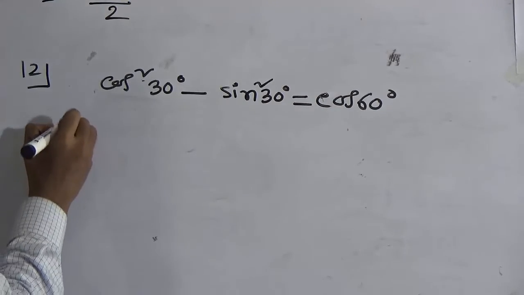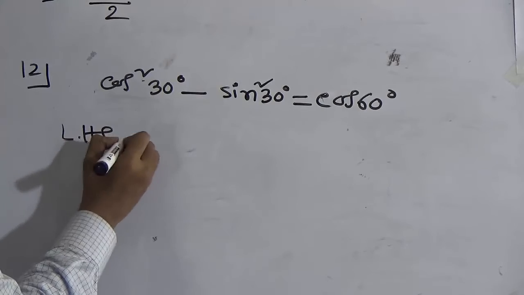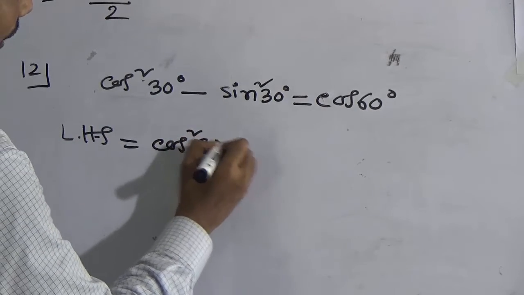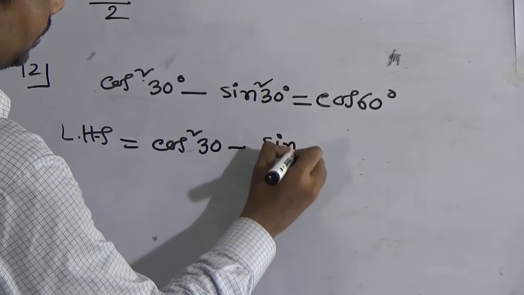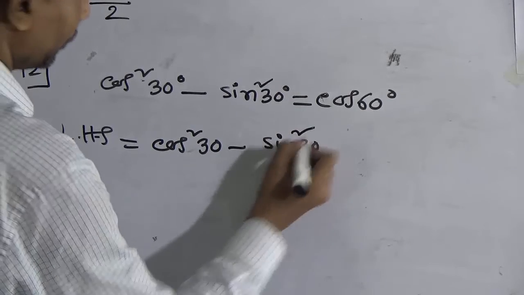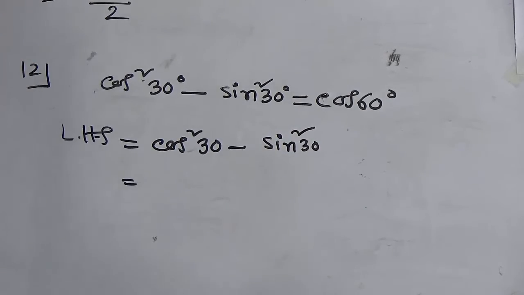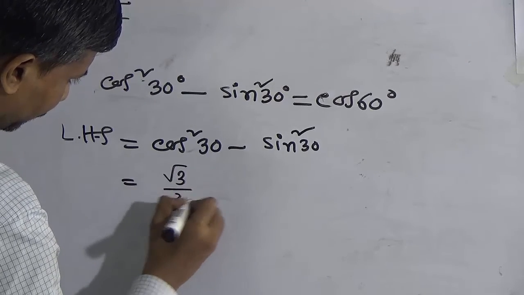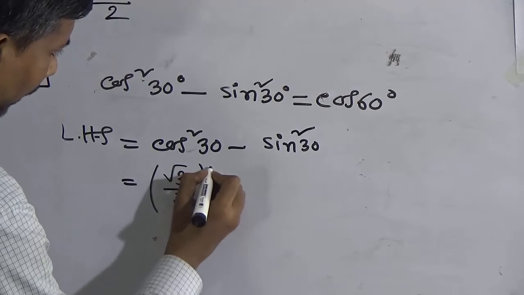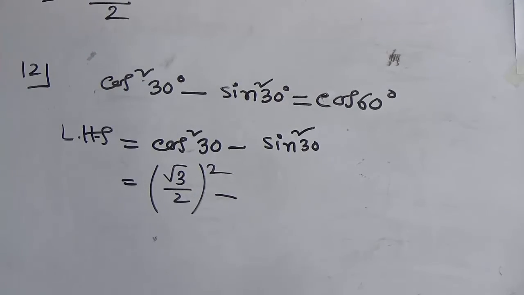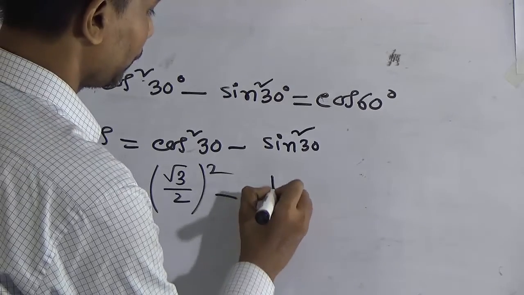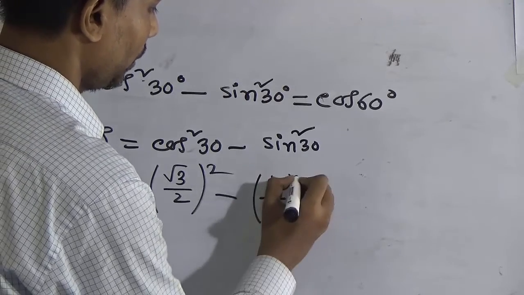Alright, left hand side. Cos square 30 degree minus sin square 30 degree. Look, we know cos 30 degree equal to what? Cos 30 degree means root 3 by 2. And this is whole square, minus sin 30 degree equal to what? Sin 30 degree equal to 1 by 2. 1 by 2 and whole square.